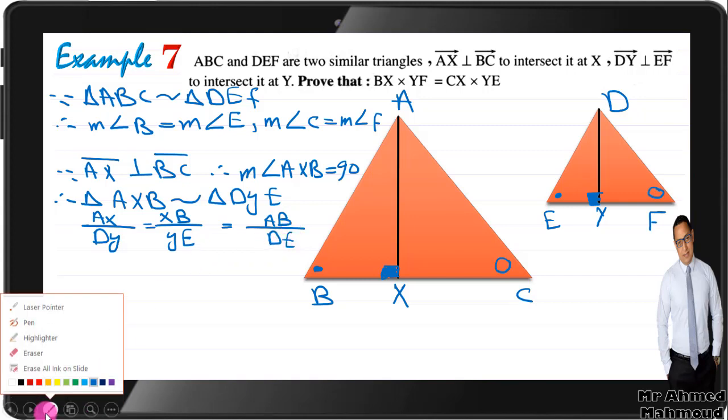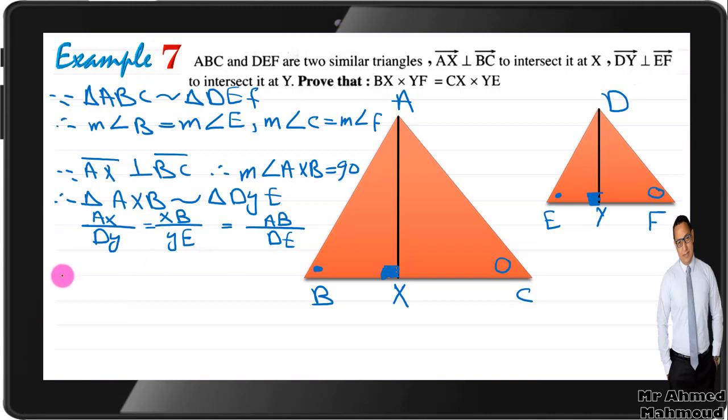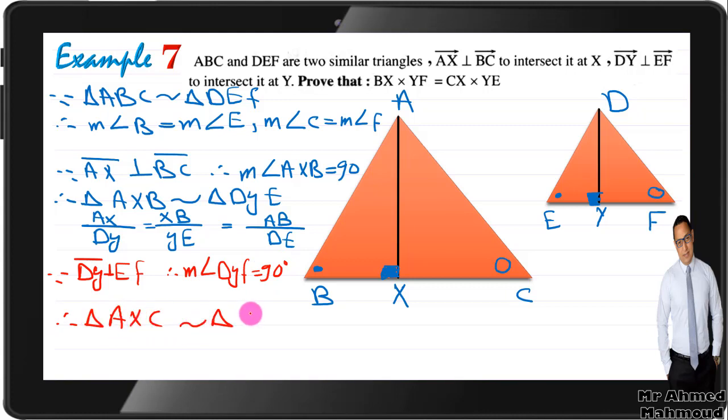Also, since DY is perpendicular to EF, therefore measure of angle DYF equals 90. Therefore triangle AXC is similar to triangle DYF.